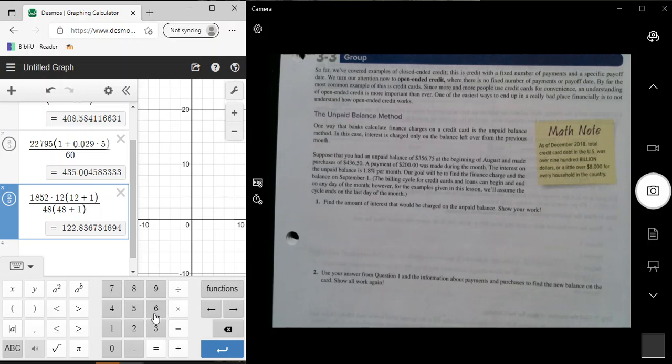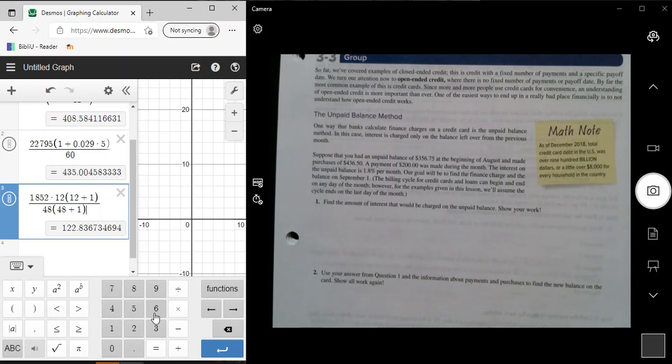Okay, now we have the unpaid balance method. One way that banks calculate finance charges on a credit card is the unpaid balance method. In this case, interest is charged only on the balance left over from the previous month. Suppose that you had an unpaid balance of $356.75 at the beginning of August and made purchases of $436.50.